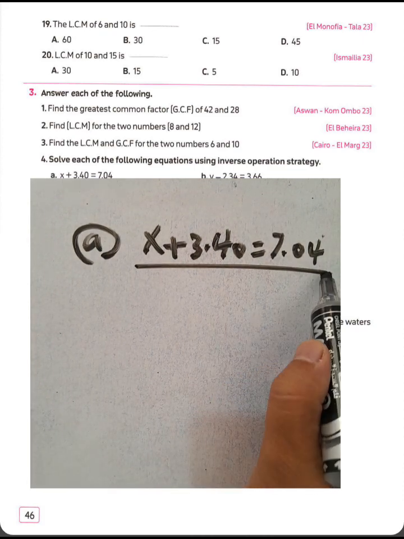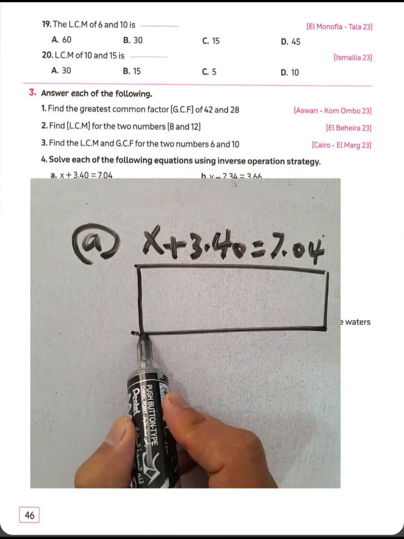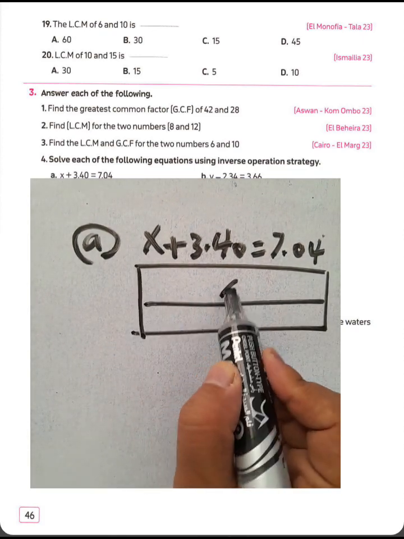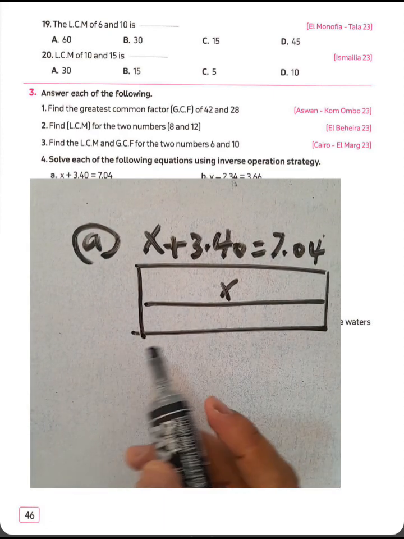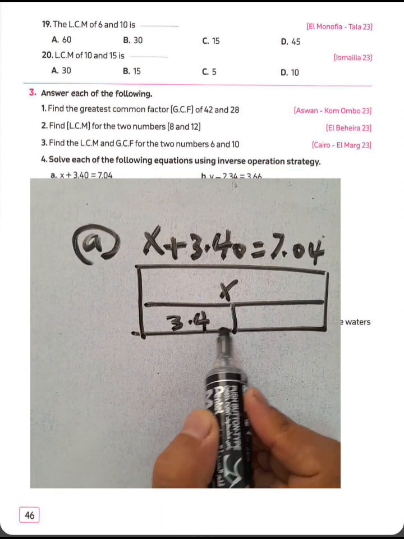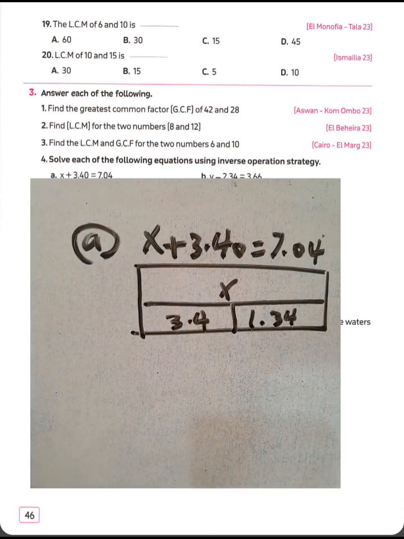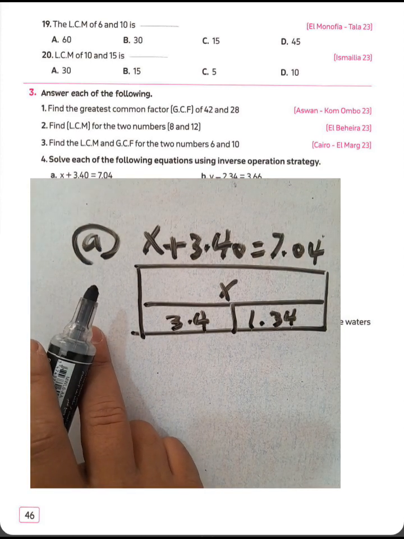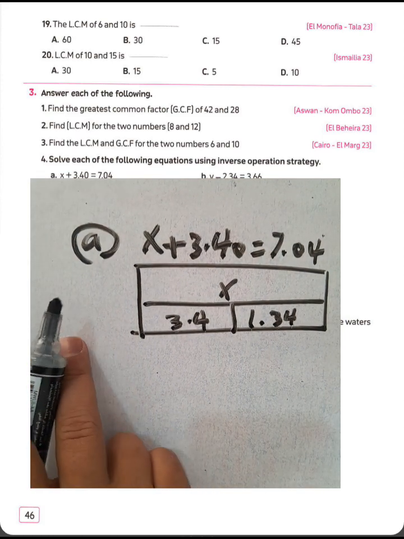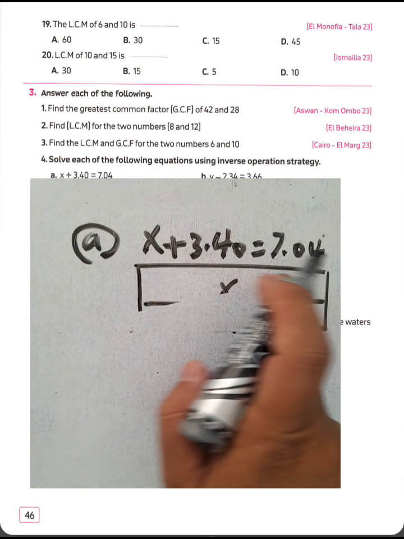I write x here in the top, and 3.4 and 1. Sequential letter B. Letter A again, x plus this number.